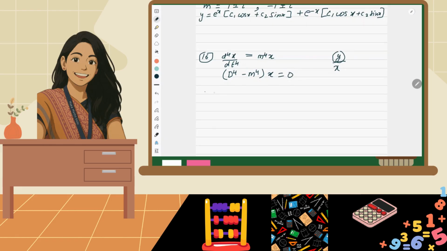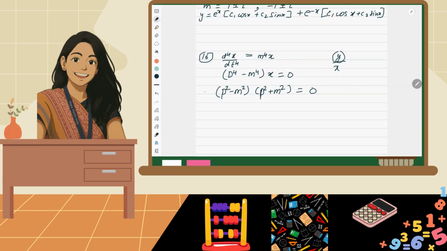So since m is given in the question, when I am writing the auxiliary equation, let me use D only, right? So it is (d square minus m square)(d square plus m square) is equal to 0. But D is an operator, so right now I can take a variable. Let me take it p, because it is an operator, so I should not write it like that.